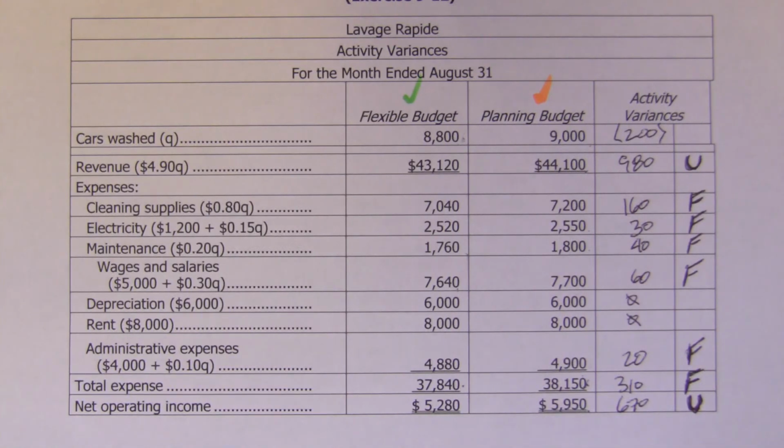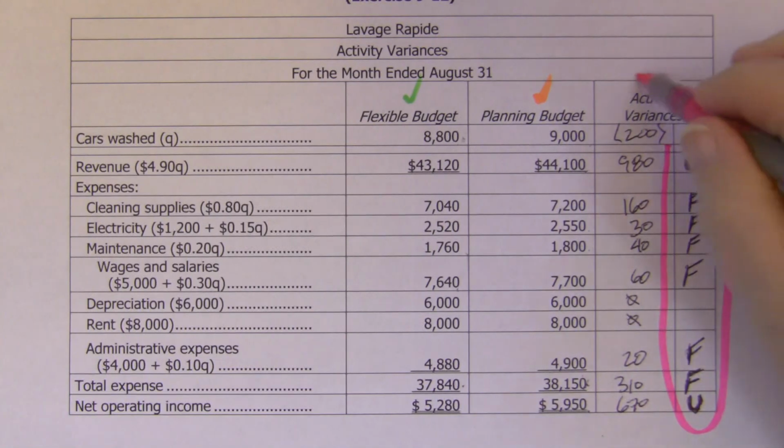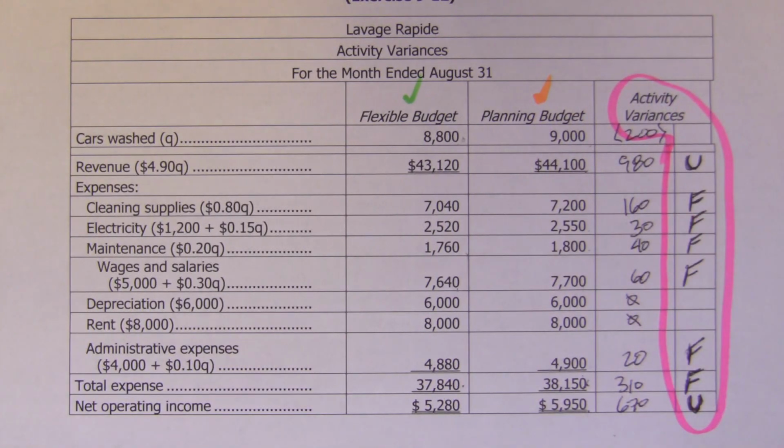So the costs went down, the income went down, the number of cars went down. Each one of these variances was caused by a change in activity. And that's the piece that I needed you to see for this problem.